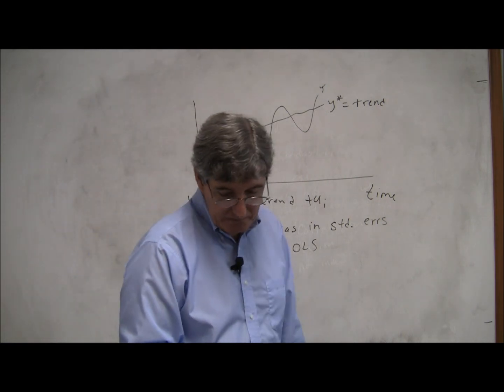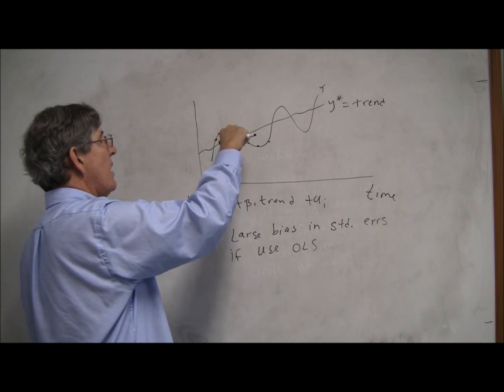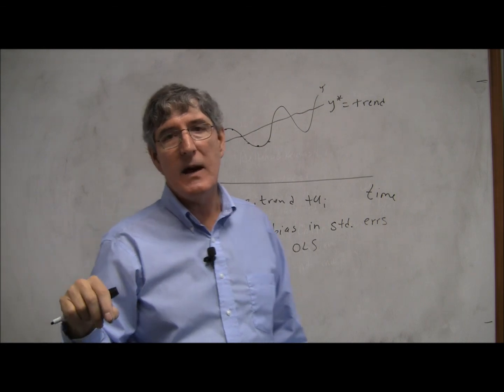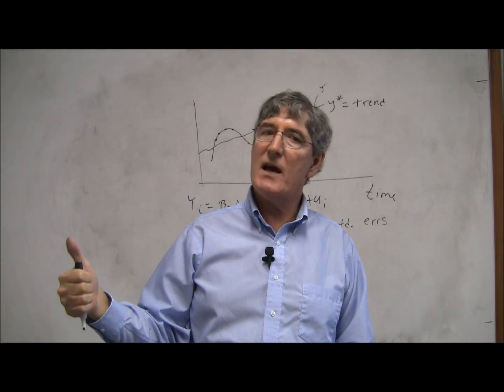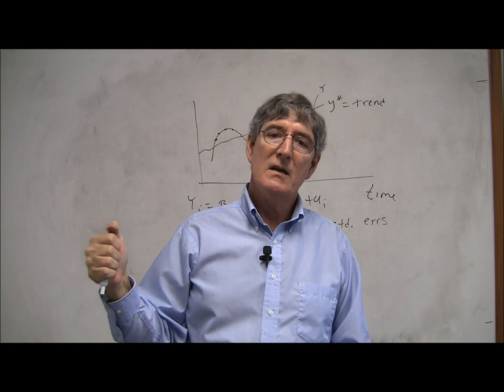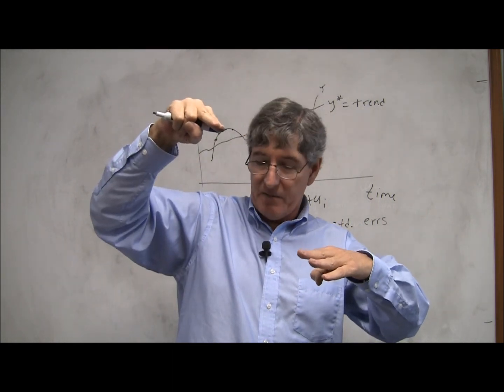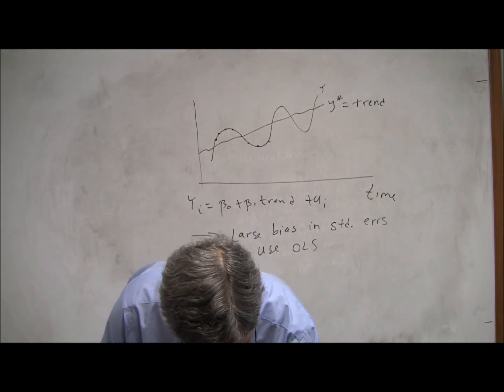What will often happen, this is called positive correlation. If positives are likely to be followed by positives, then the standard errors that you estimate will be way too small, and your t's will be way too large, and you'll reject things way too much. So when positive things are likely to be followed by positive things, you have a big problem.